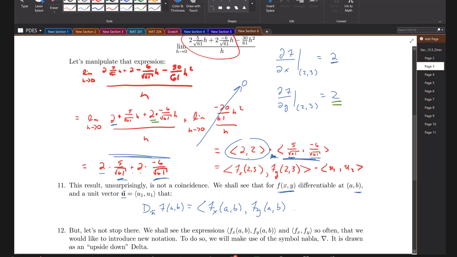The partial of x evaluated at (a, b), and the partial of y evaluated at (a, b), and we're dotting that with the component vectors of our directional vector.